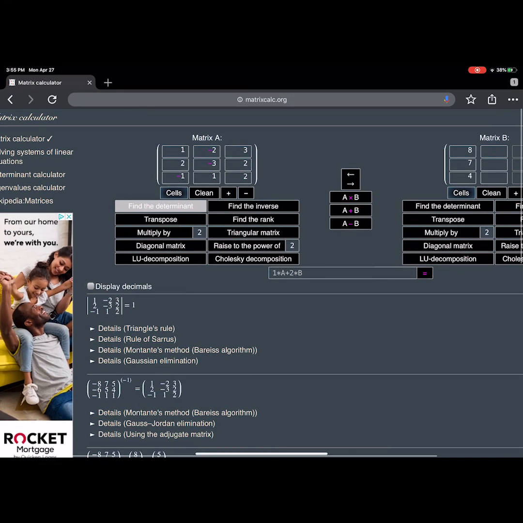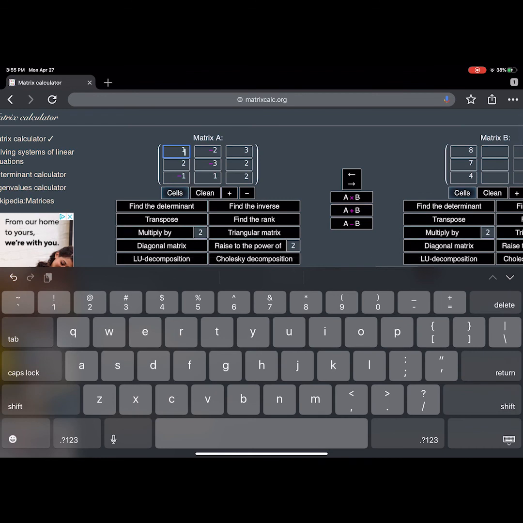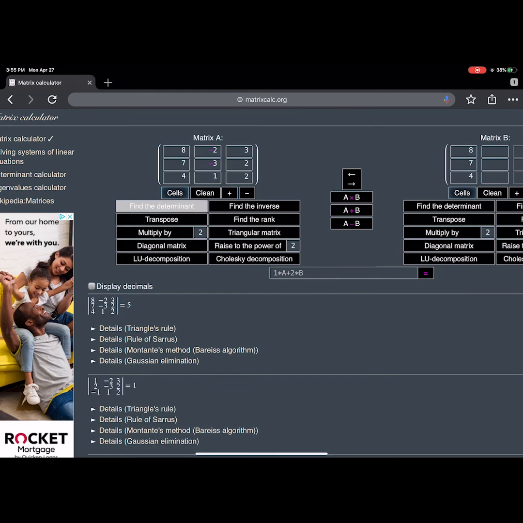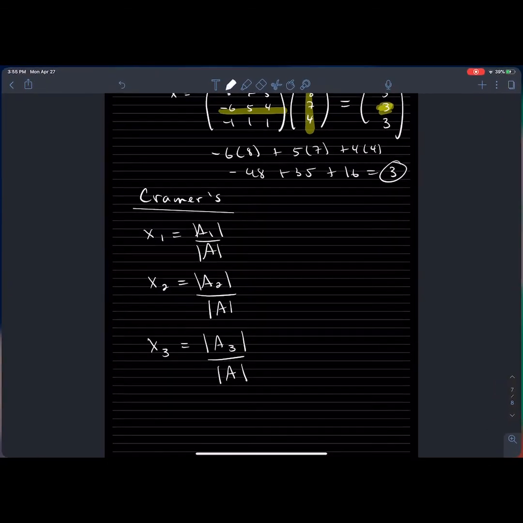Then you can replace this first column up here with 8, 7, 4. And then we have to find the determinant. And I get 5. So my answer is 5 divided by 1. I'll go back there and write it.